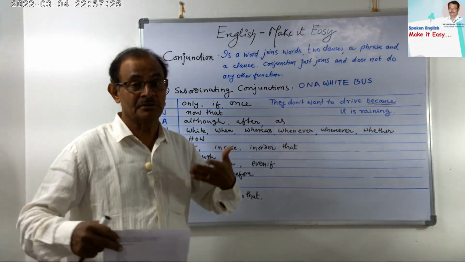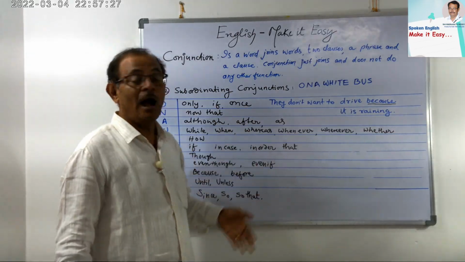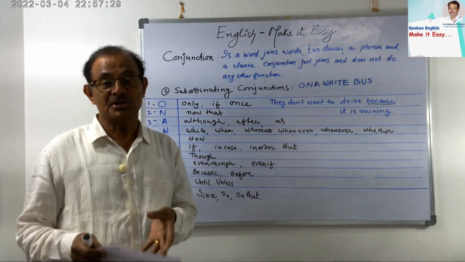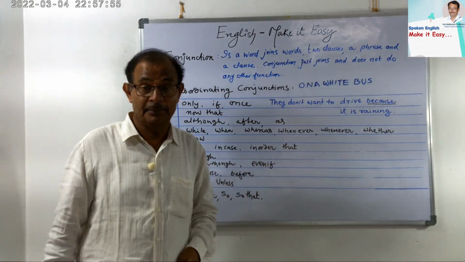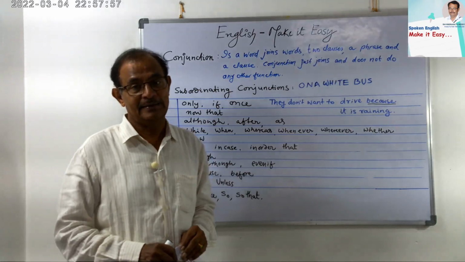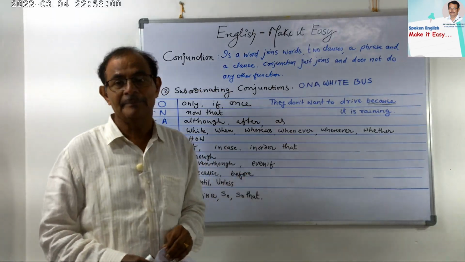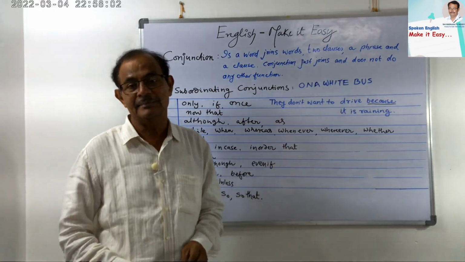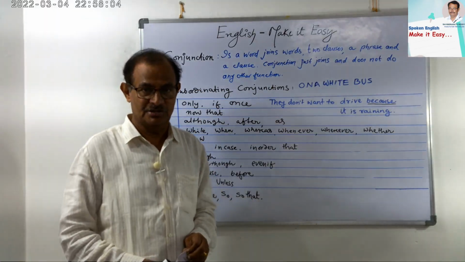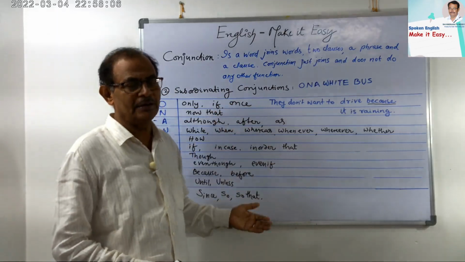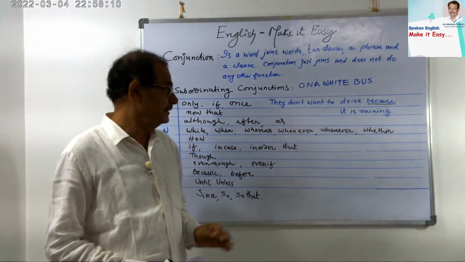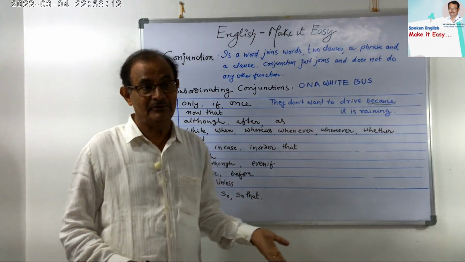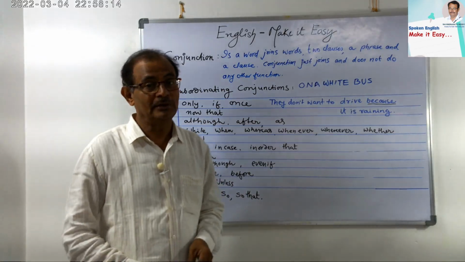I reached Mumbai after the completion of elections. So let us move on to the third type of conjunction. Let us see how many there are, so that we can complete this session on conjunctions. Is it clear? I have given almost all conjunctions on the board, and you can make a note of them and learn them by heart, so that whenever required you can use them very comfortably.